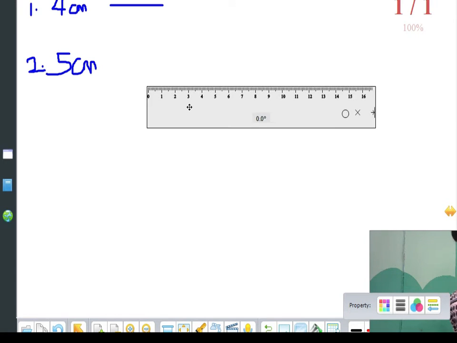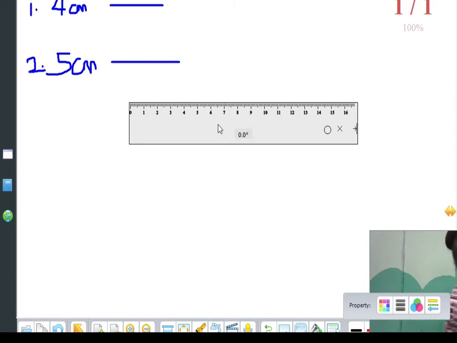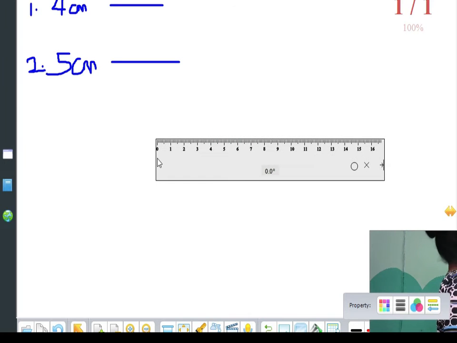I pick my ruler once again, put it, remember my beginning point, and I count 5. 1, 2, 3, 4, and 5. The long line right there. I draw my line. Wow, it's beautiful. I've been able to get 5 centimeters.